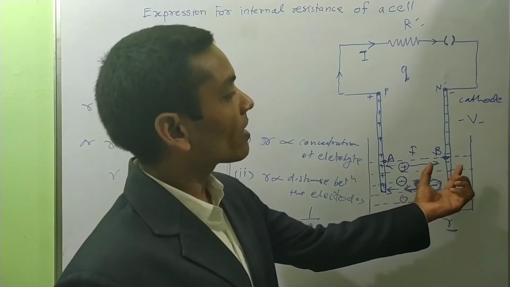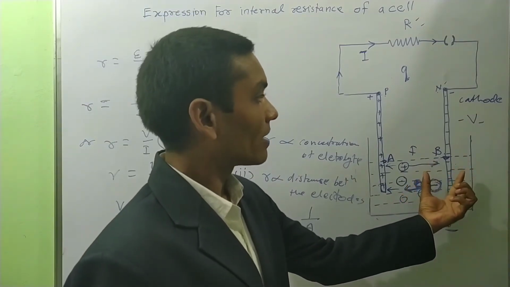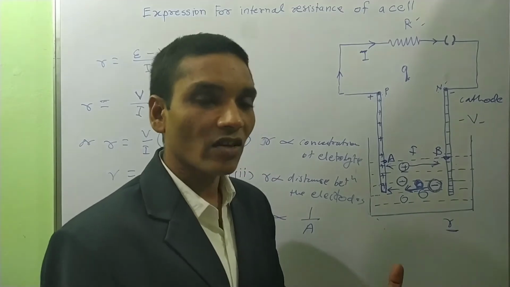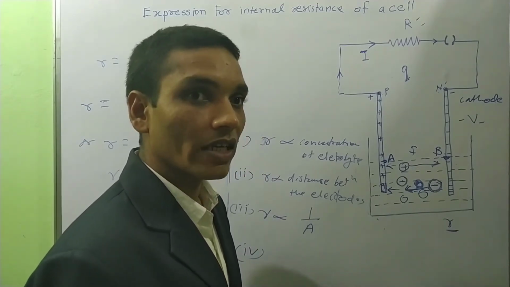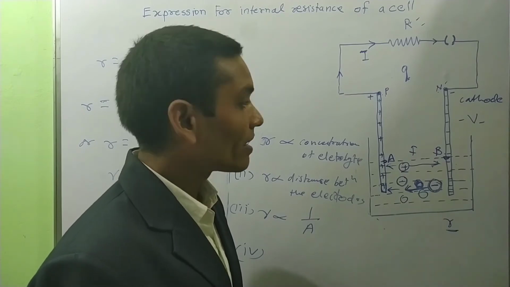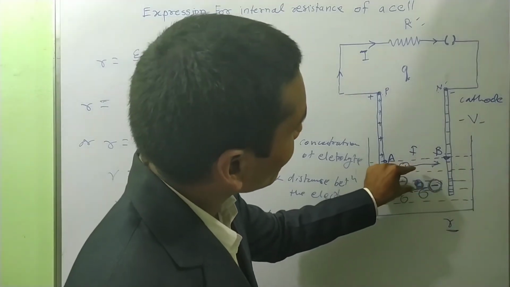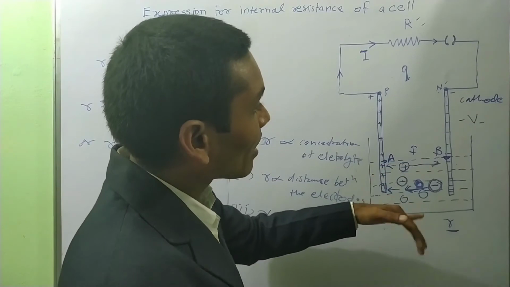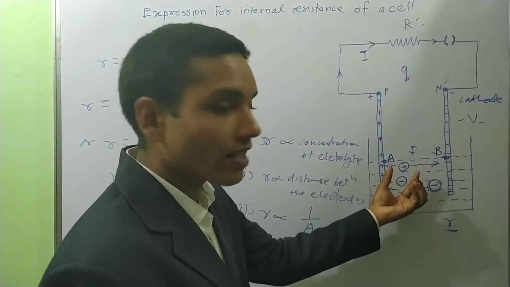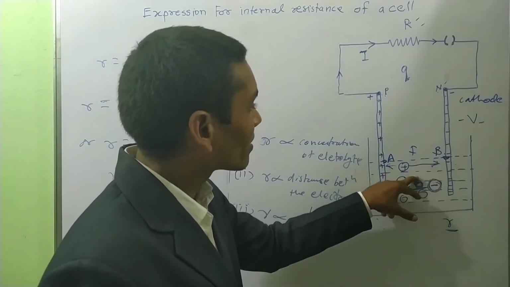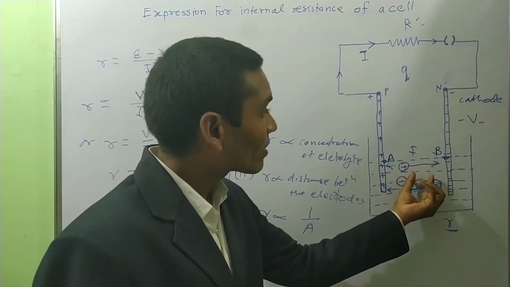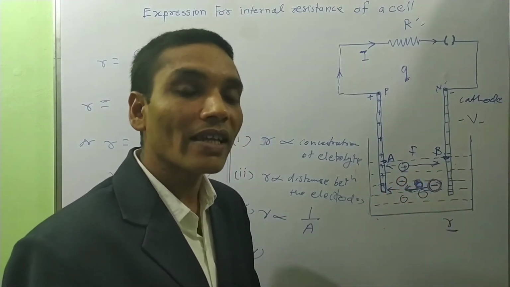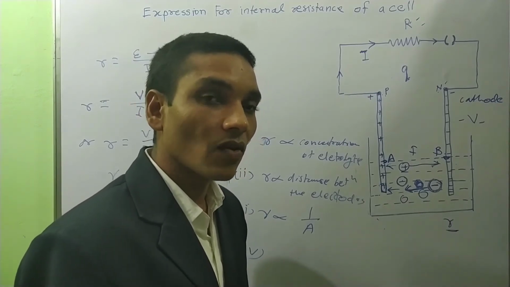If the temperature is increased, the ions will get more energy and move fast in different directions. When the ions are moving away from each other, the number of ions in the path decreases.